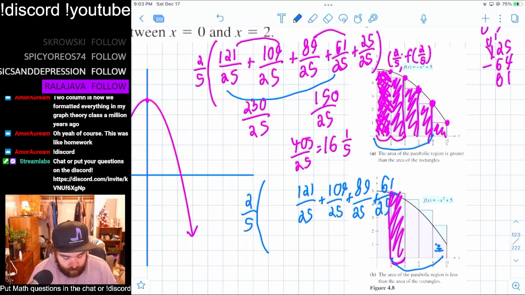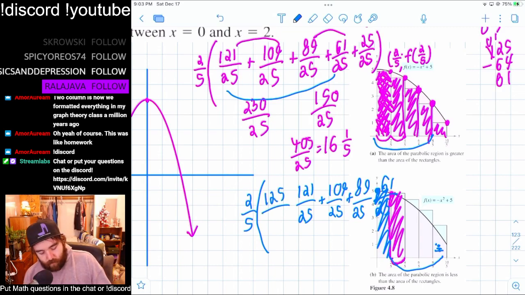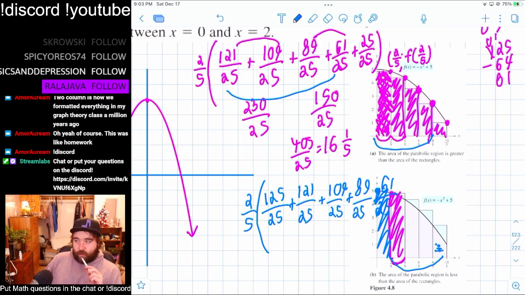What's different is this first one. So instead of having the 25 over 25, this one has 5 as the height, 125 out of 25. Because that's the height of the first rectangle here, but the height of the other rectangles are the same. So now we just have to see what's different.